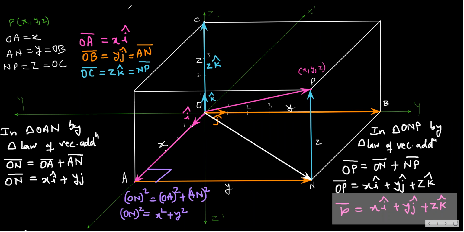The next is I go for triangle ONP. Look at the triangle ONP. Remember that triangle ONP is also a right angle triangle. Why? It is because when you reach point N from point O, remember you are still in the XY plane.